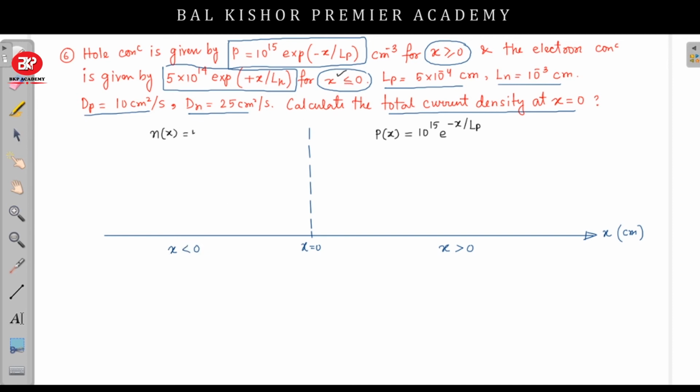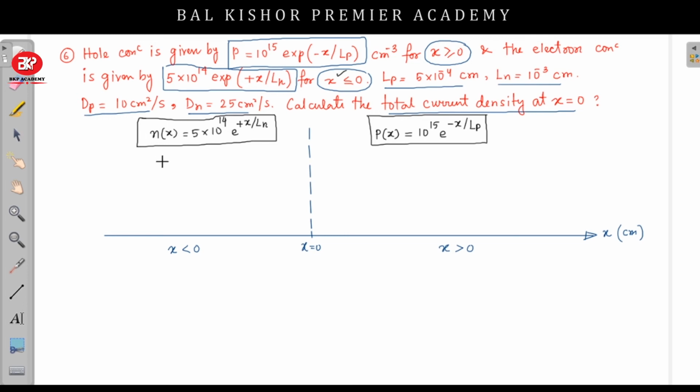It is given as 5 into 10 to the power 14 e to the power plus x by Ln. So this is the hole concentration value which is valid for x greater than or equal to 0, and this is the electron concentration which is valid for x less than or equal to 0.